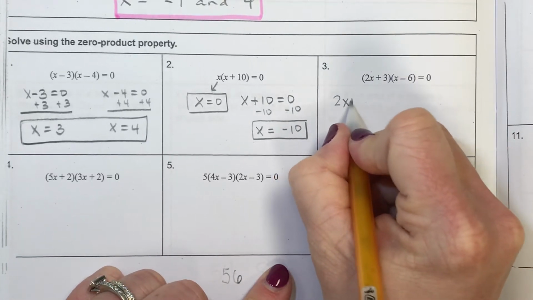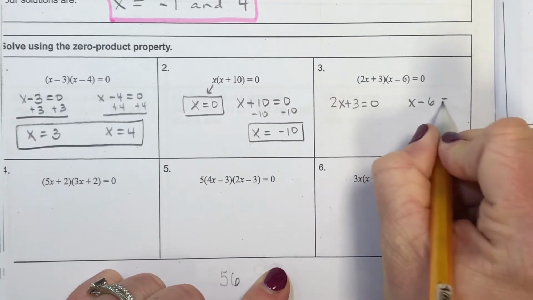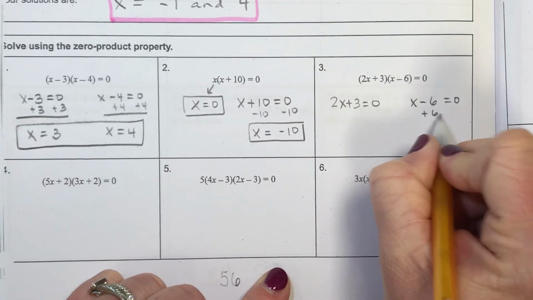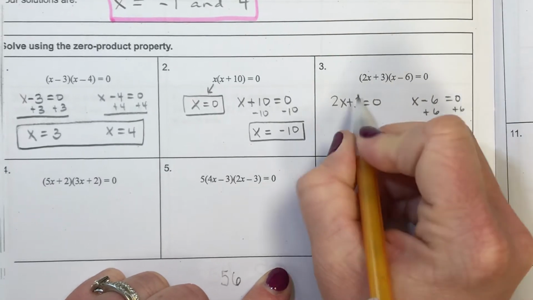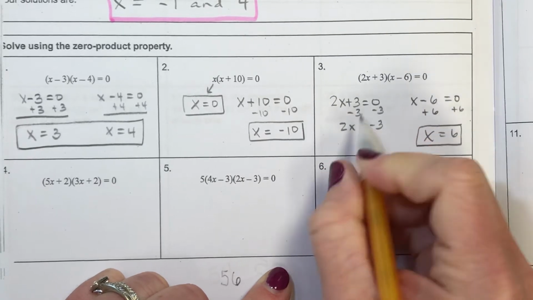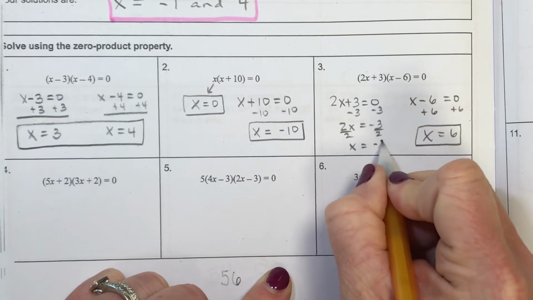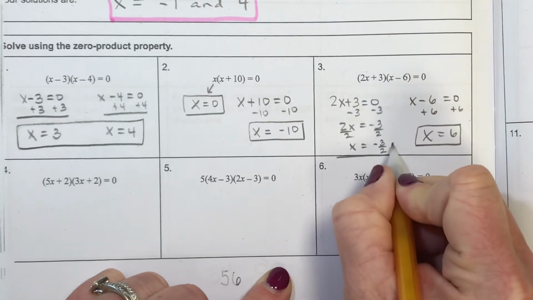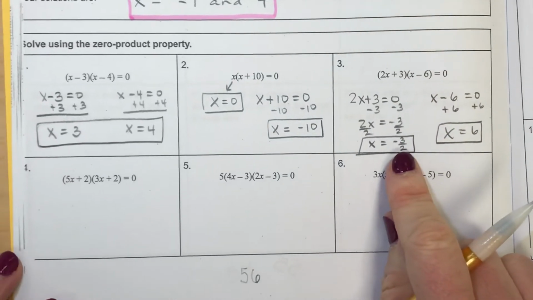If I have 2x plus 3 set equal to 0, and x minus 6 set equal to 0, one answer is going to be +6, and another answer here, if I divide by that coefficient of 2, is going to be -3/2. So sometimes you won't get a whole intercept, sometimes you'll get a fraction, and that's okay.